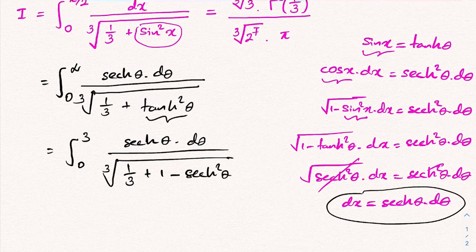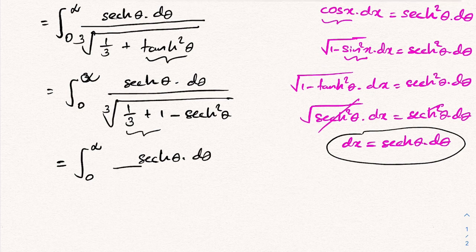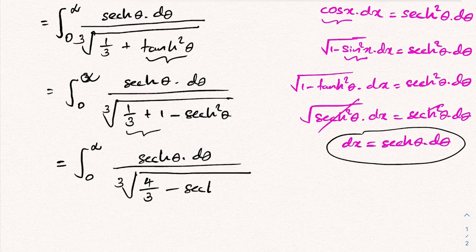Then we can simplify 1/3 plus 1, so we have the integral from 0 to infinity of hyperbolic secant of theta d theta over the cube root of, 3 plus 1, so 4, over 3 minus hyperbolic secant squared of theta.